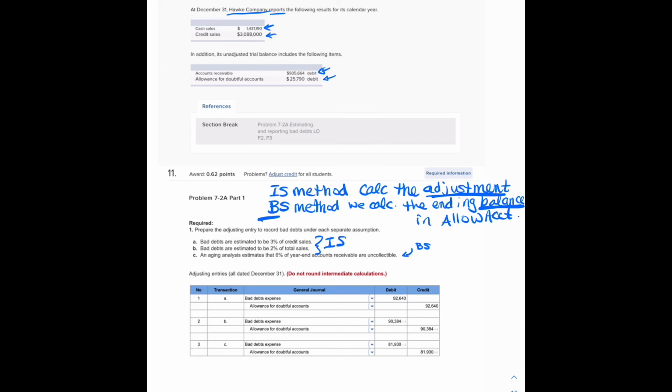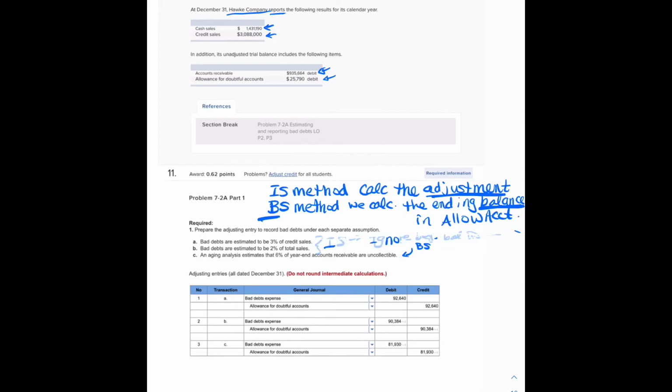Okay, however you need to remember that is fine, but do remember for these first two methods, we will ignore the beginning balance in our allowance for doubtful accounts for the journal entry portion. Okay? So we do need to remember that.